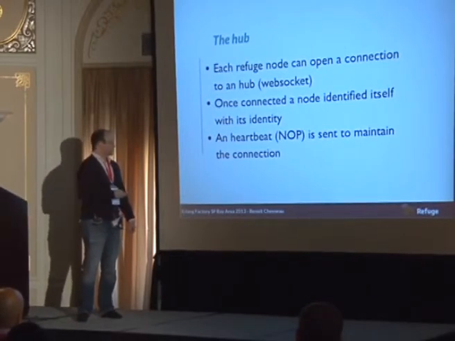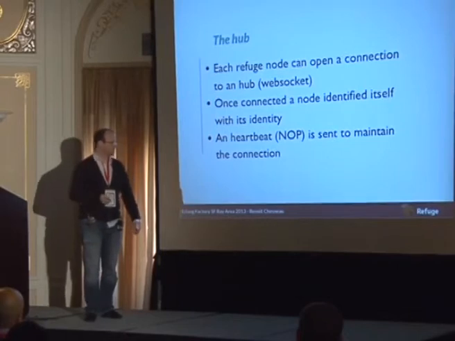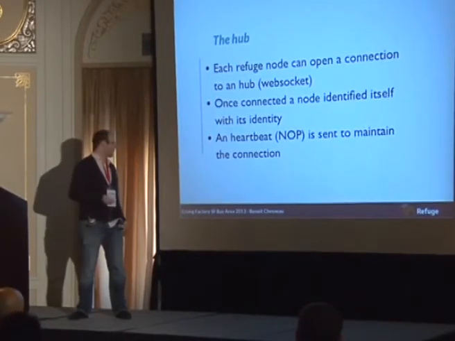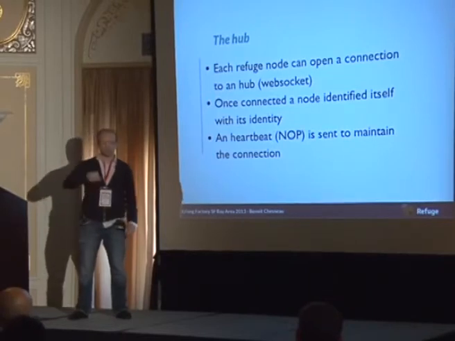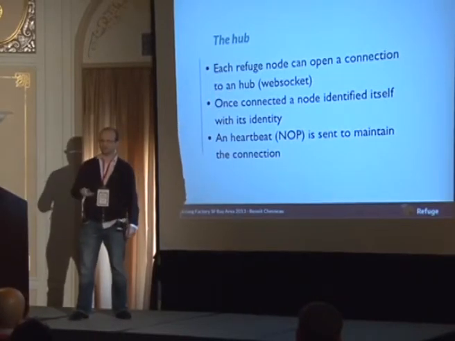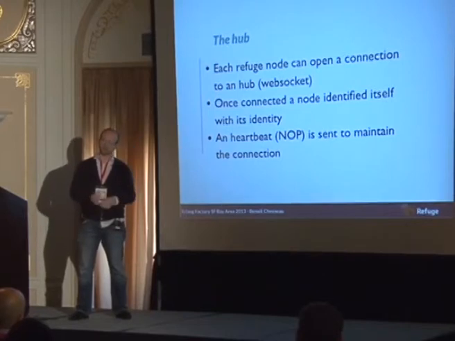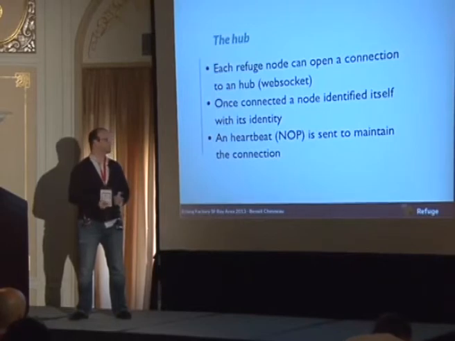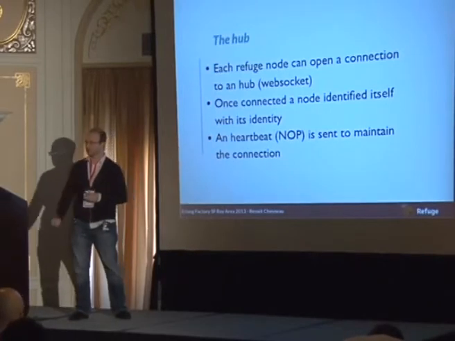Once connected to a hub, a node identifies itself with its identity, which is just an ID. And a heartbeat is launched, sending an up message, an operative message, to the hub to make sure that the connection is maintained.